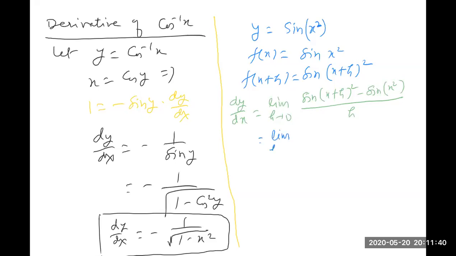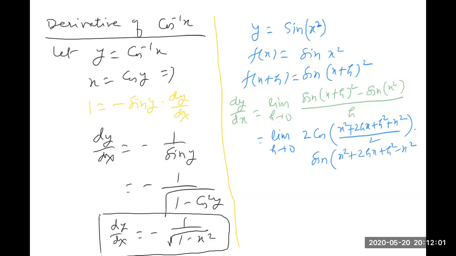So limit h tends to 0. Sine C minus sine D is 2 cos of C plus D by 2, so x square plus 2hx plus h square plus x square upon 2, into sine of C minus D by 2, x square plus 2hx plus h square minus x square by 2. I think everybody understood? Divided by h.